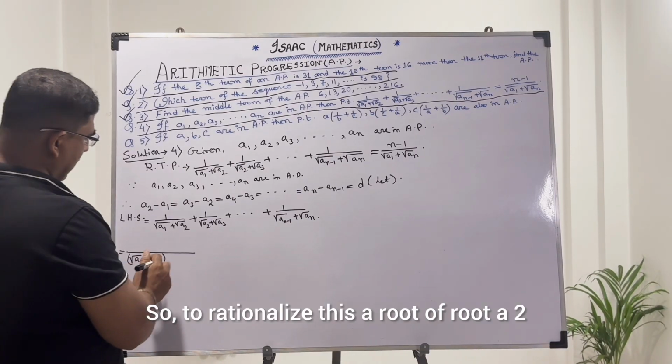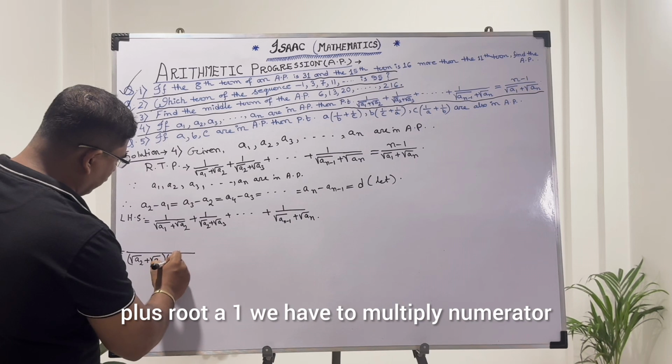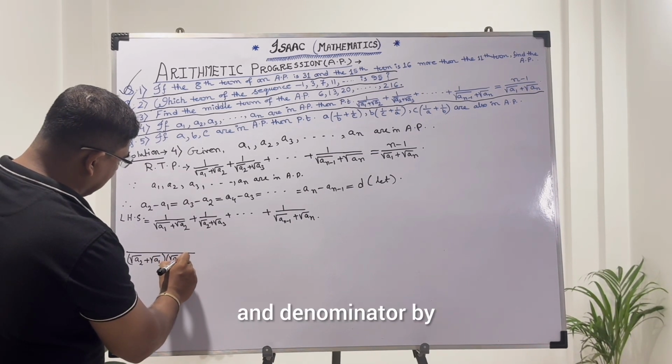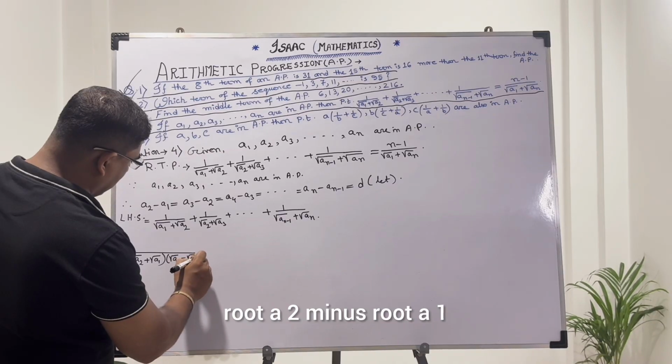So to rationalize this, root A2 plus root A1, we have to multiply numerator and denominator by root A2 minus root A1.